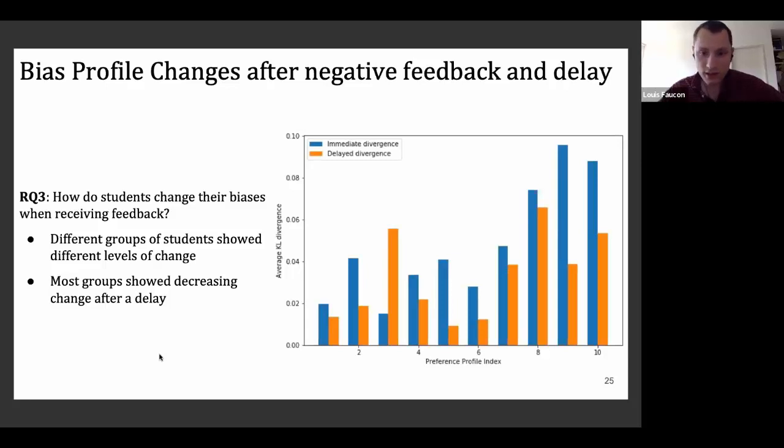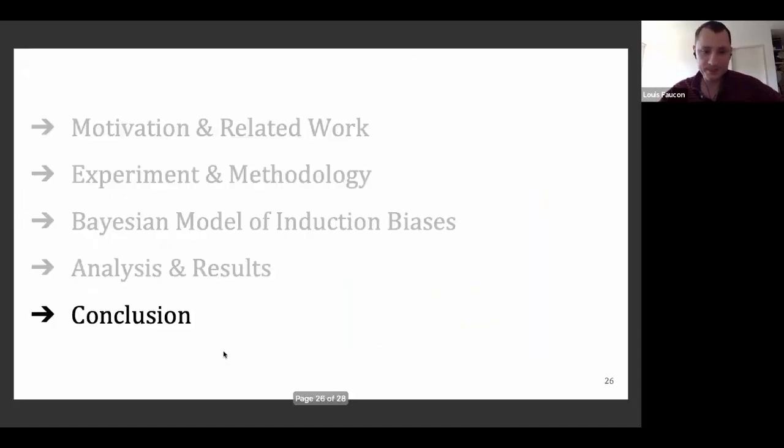There are some students that diverge a lot more than others. And the second interesting thing to see is that most of the orange bars are lower than the blue bars, and the orange bar represents the divergence after the delay compared to the blue bar that represents the immediate divergence in bias profile. So this showed that the impact the feedback has on the students is decreasing over time.